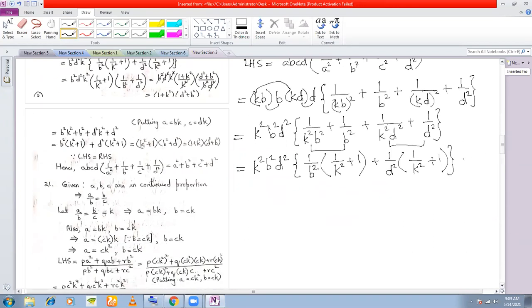So this is K square B square D square. Now from these two are common, so I can take this out, 1 by K square plus 1. And once I take 1 plus 1 by K square out, I'm only left with 1 by B square plus 1 by D square. Right?